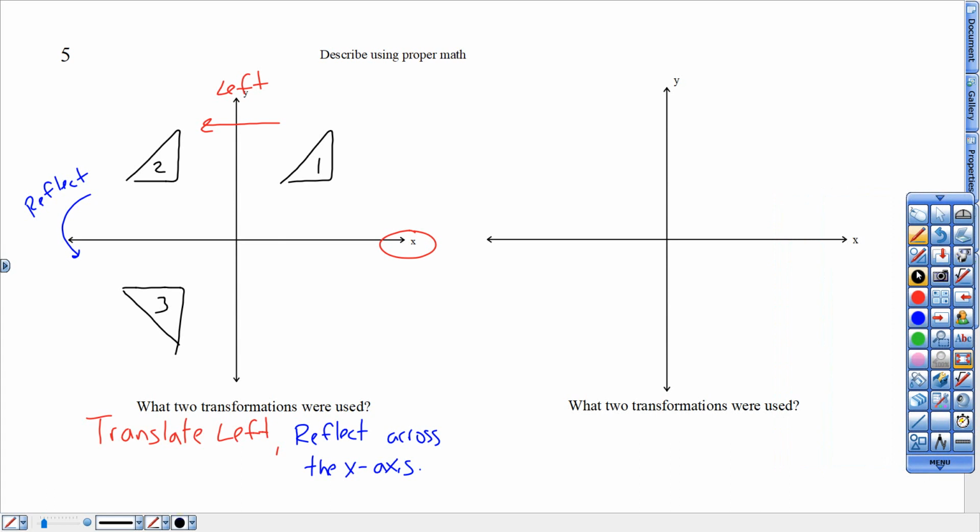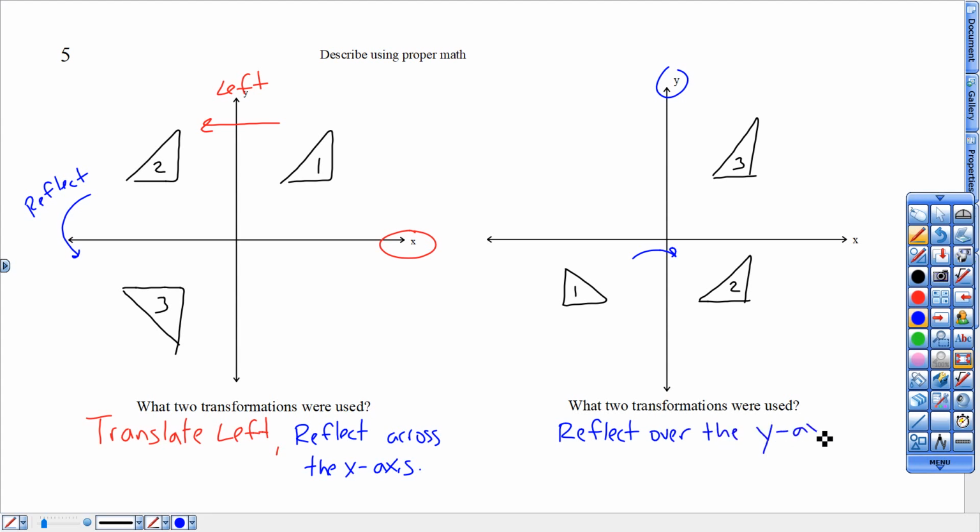For this one right here, the triangle starts right here at 1, and then I could see clearly again that reflected look, but it's reflecting over the y-axis instead. And then right here I could see it's a translate up. So my first step, reflect across, or sometimes you could say over, the y-axis.